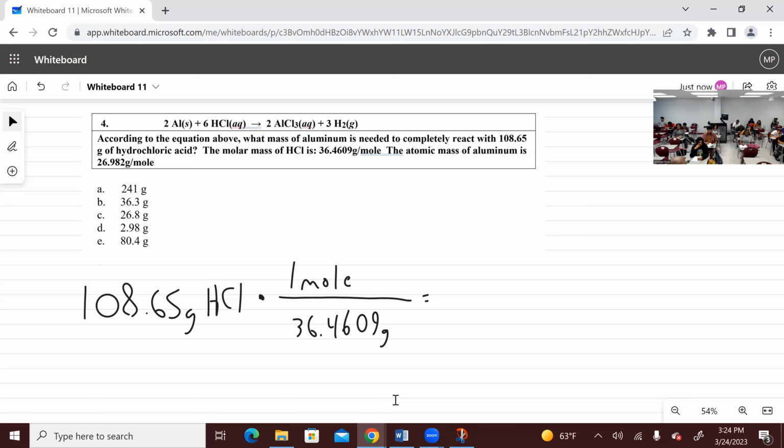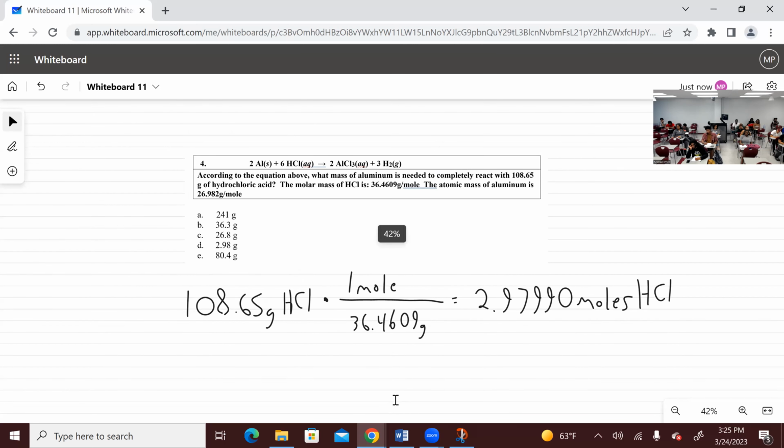Let's see how many: 108.65 divided by 36.4609 gives me 2.97990 moles. Okay, don't truncate, don't round to the correct number of significant digits yet. Wait till we get to the end.